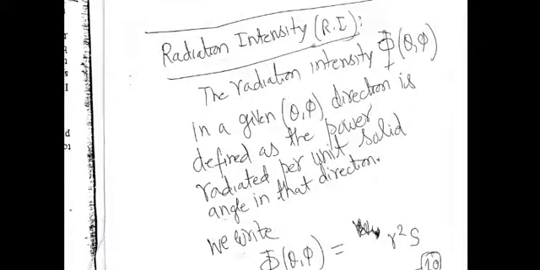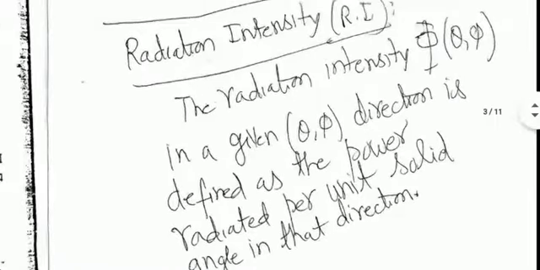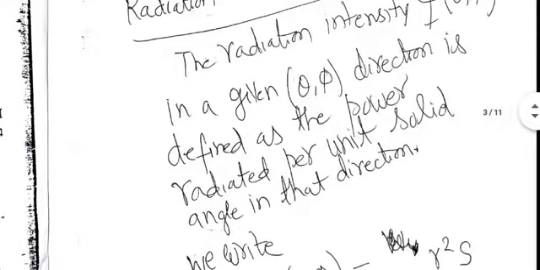Radiation intensity is power radiated per unit solid angle in a given theta, phi direction, so many watts per steradian.